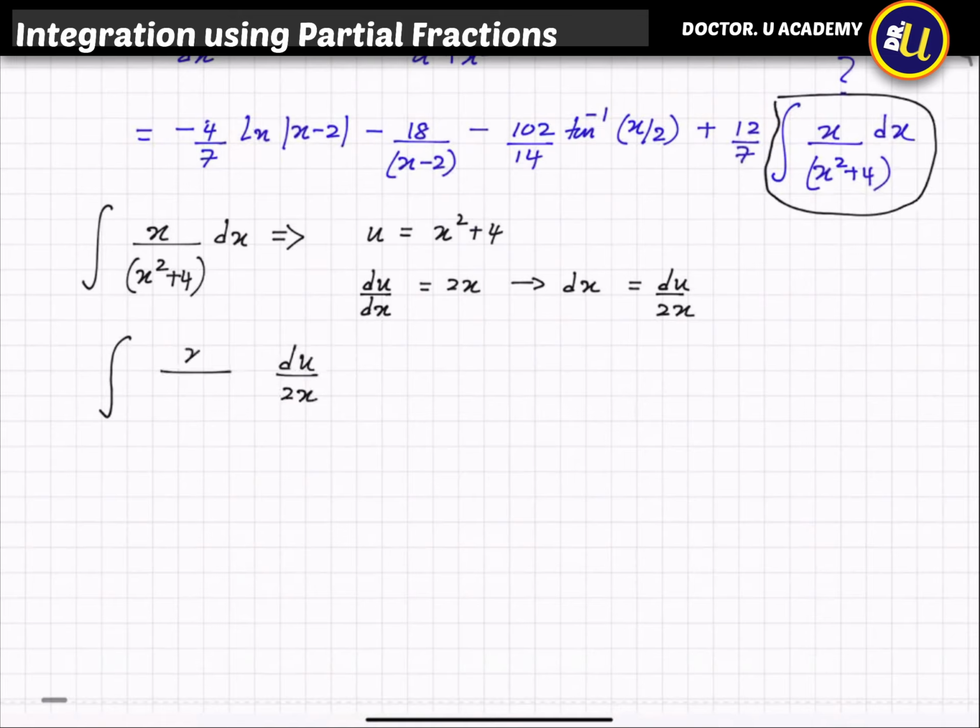Now dx would be du divided by 2x, so I will write that here, and I will keep x here. x squared plus 4 is going to be u, and I can see the cancellation over here. So that would be integration 1 divided by u du, with a half here, which is going to be ln mod u.